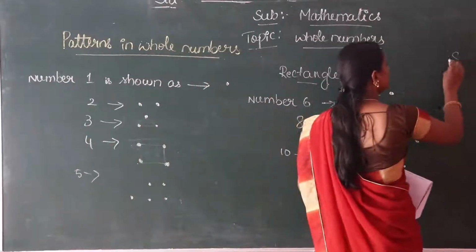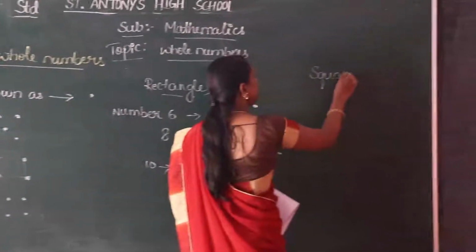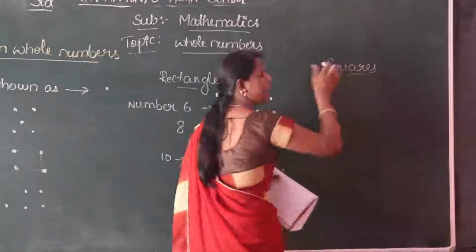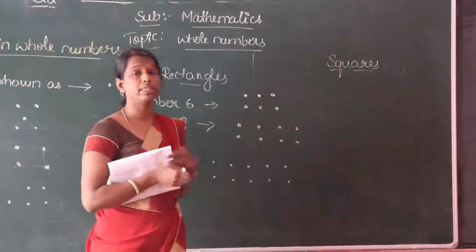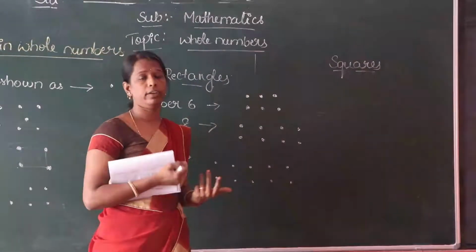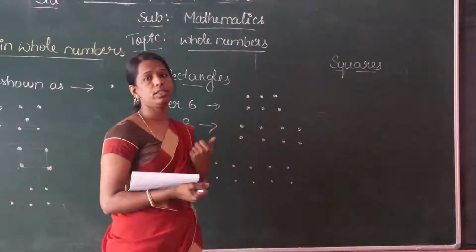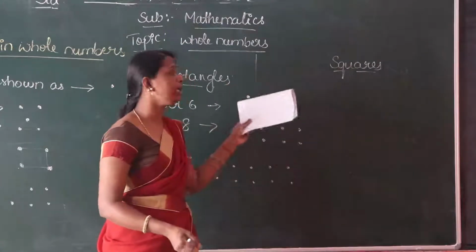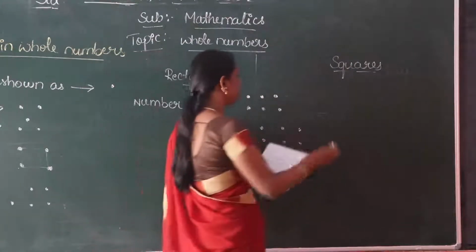In the form of squares. Usually the square numbers can be written in this arrangement. Name the square numbers: 4, 9, 16, 25. Like that, numbers can be written in square shape.